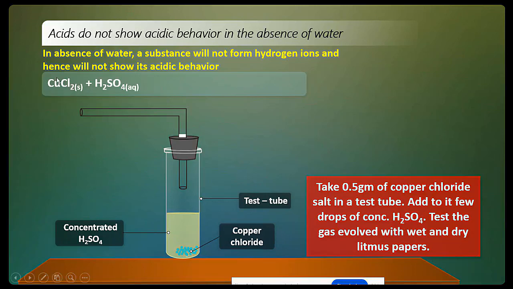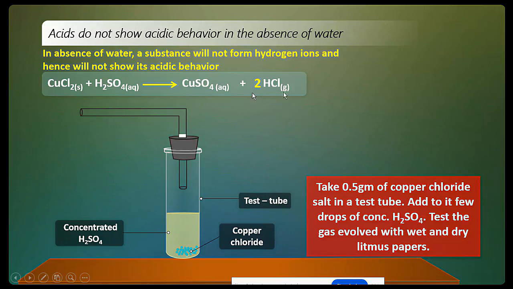Copper chloride CuCl2 in solid state combines with H2SO4 aqueous solution to give copper sulfate CuSO4 plus 2HCl gas. Now it is not an aqueous solution, it is a gas. Gas, not a solution. Is it right?